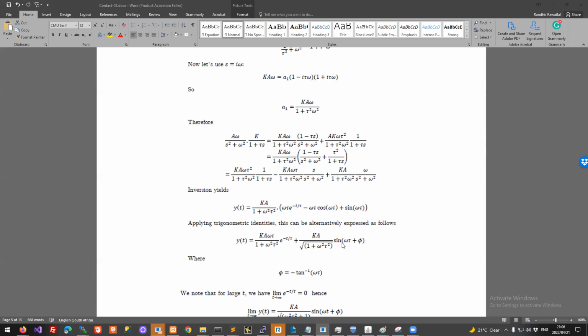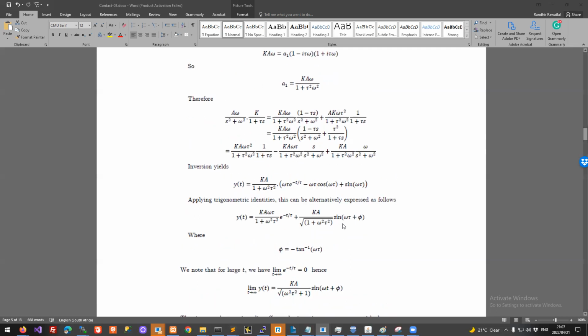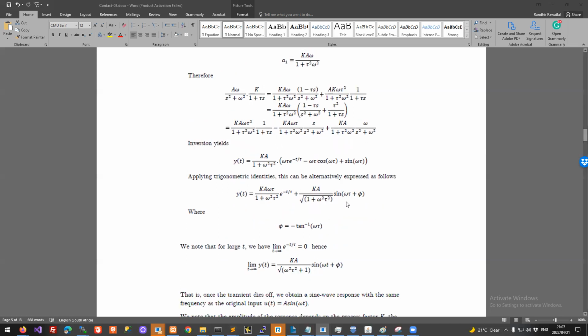But this is still a periodic function. And in fact, I think there's a little t missing here as well. So just check that, please. So yes, this is omega t, not tau. So that's the solution that we have.